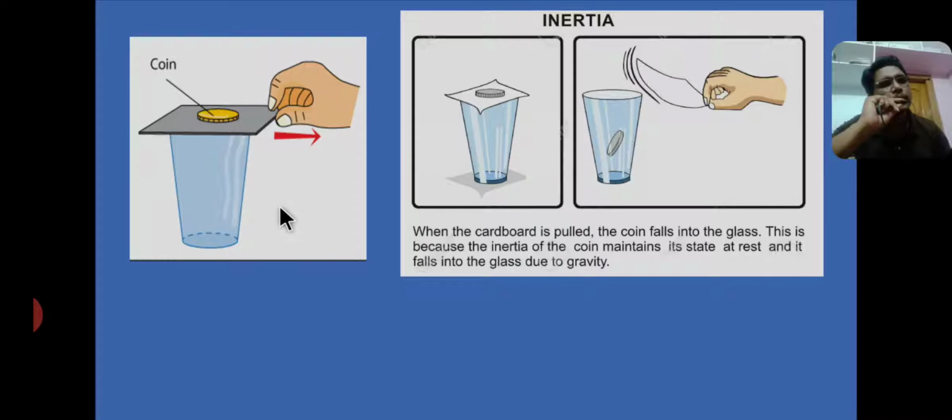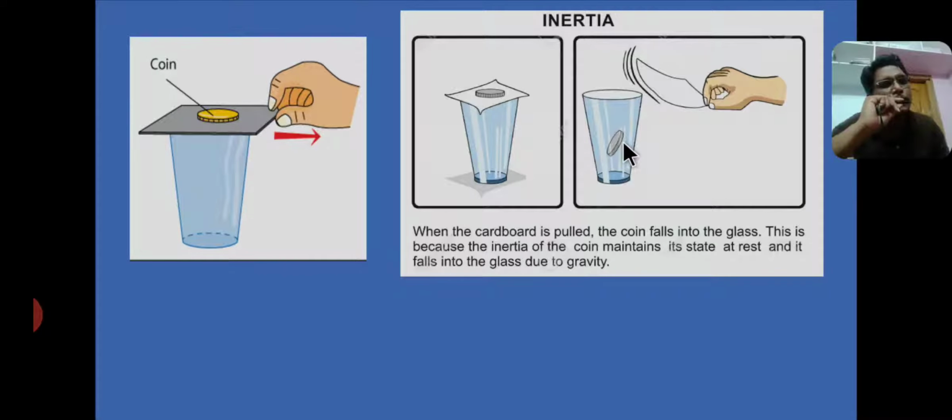Please observe it carefully. Look at the diagram. This is a cardboard and this is a glass and a coin is placed on the cardboard. Now, when the cardboard is pulled in this direction, the coin falls into the glass.